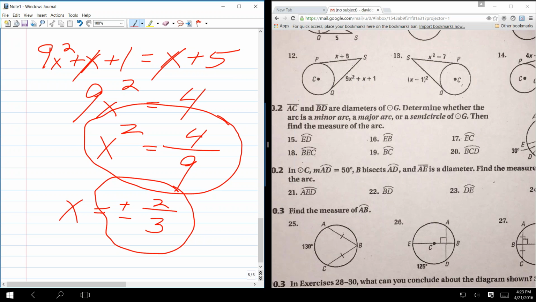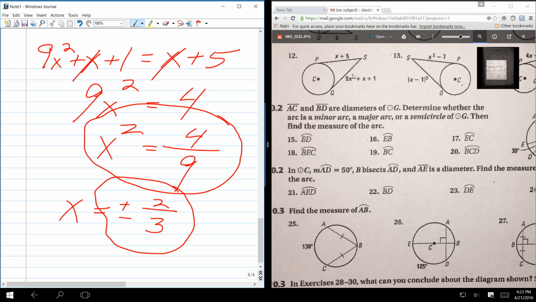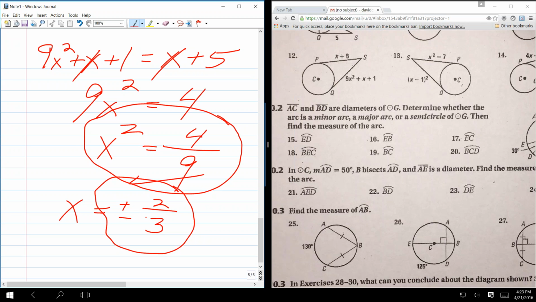Again, how would you be able to tell? Well, by plugging them in. If I plug the minus 2/3 in, it gets turned positive. So that's going to be a big positive number. That is still a positive number even when x is minus 2/3. And what that means is both of these answers are valid. If you were taking a test and you didn't list both of these, you'd be deducted at least a point.